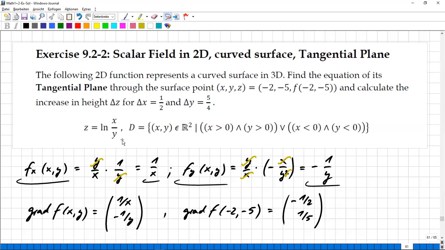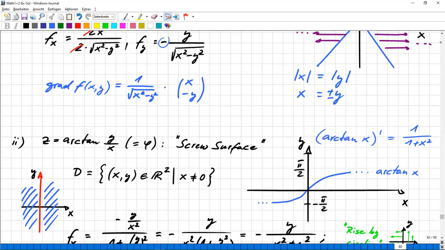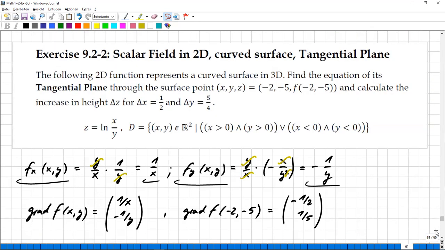In the end, it means that either x and y must both be positive, or they must both be negative. That's all we allow for. You know the logical symbols for logical and, logical or, these two cases. It's a little similar to here, just that the separation is different. Let's just not look at the graphical version. Okay, what do we do?